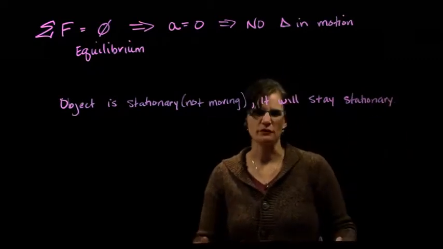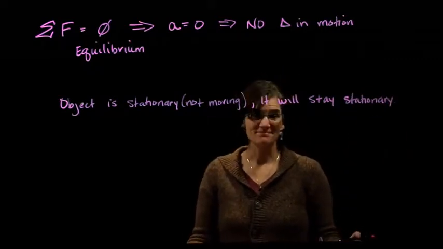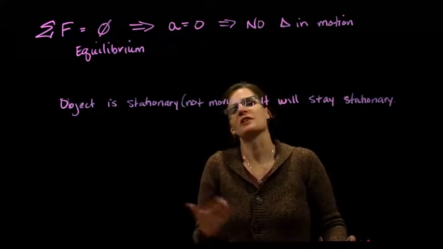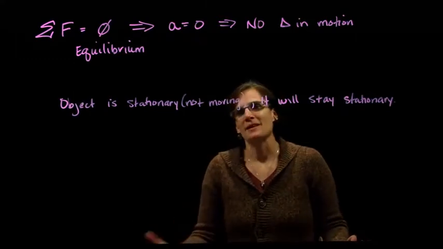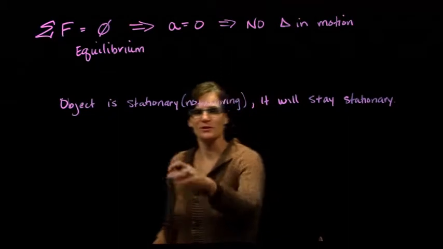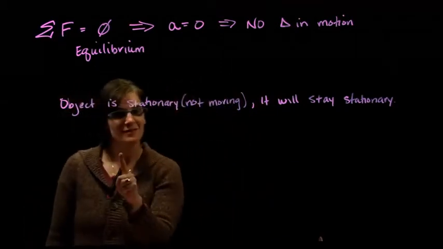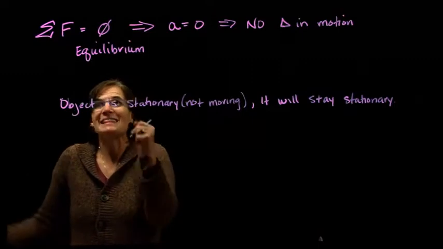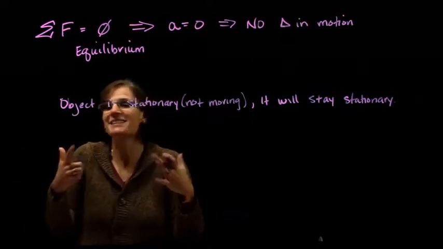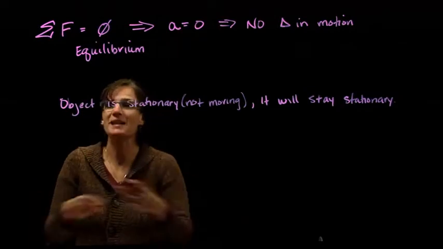Well, that's pretty straightforward. Until what? What can I do to get that object to move? Well, I have to apply a net force. Not just one force, but a net force.